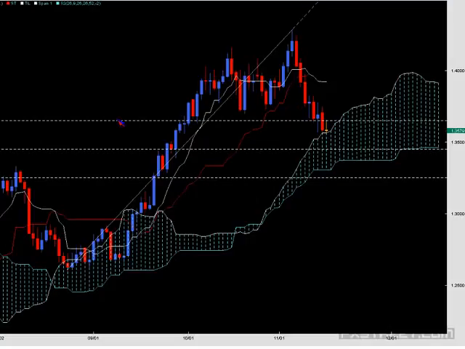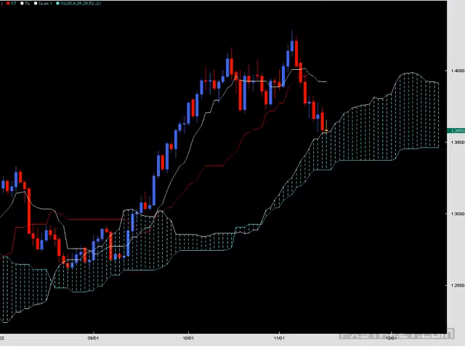Now, this is kind of where some of the brilliance comes in with the Kumo and the Ichimoku Cloud. This is designed to gauge support and resistance. This changes shape, size, and direction based upon A, the Tenkan and the Kijun, their midway point, and B, the last 52 candles. But all of it is based upon price action. The Tenkan and the Kijun are merely price action lines.